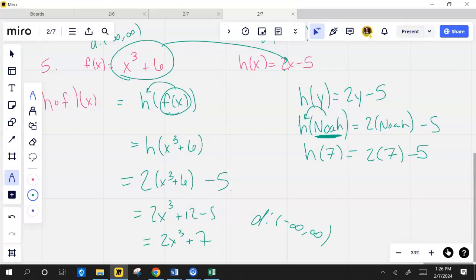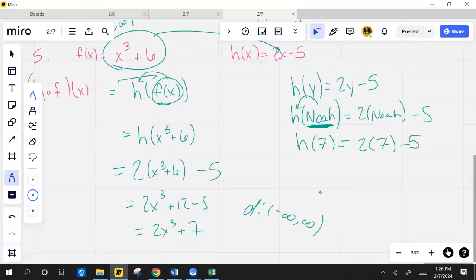This is harder than algebra 1, where composition is a concept. Now we build on that and it gets harder as we go. But you wouldn't plug into a cubic in algebra 1. You'd have a linear into a linear, or even a quadratic.